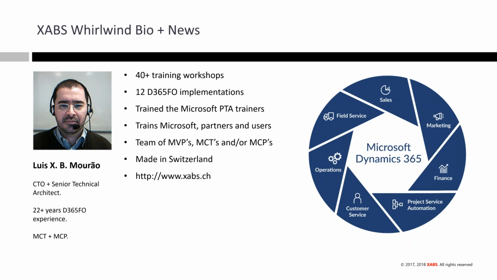So Microsoft is one of our clients. We train their staff and we train the partners. We have already helped with 12 implementations. We train trainers at Microsoft, and we are a bunch of MVPs, MCTs, and MCPs. We're based in Zurich, Switzerland.